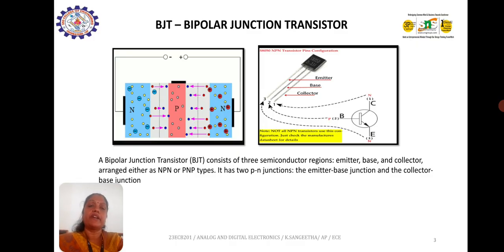For NPN, the two junctions are NP and PN. Similarly for PNP, the two junctions are PN and NP, and it consists of three terminals: emitter, base and collector. Here I have mentioned the symbol, base B, and in the emitter there is the arrow mark, and the collector.